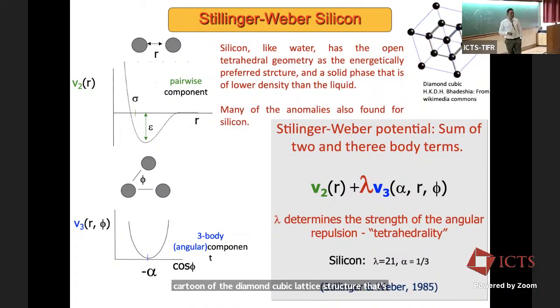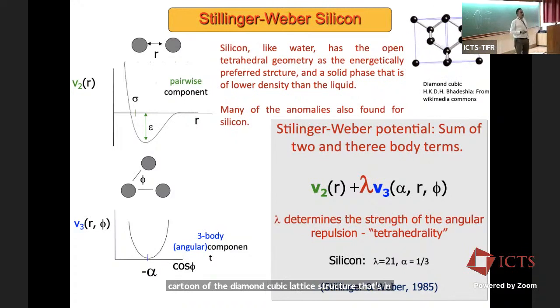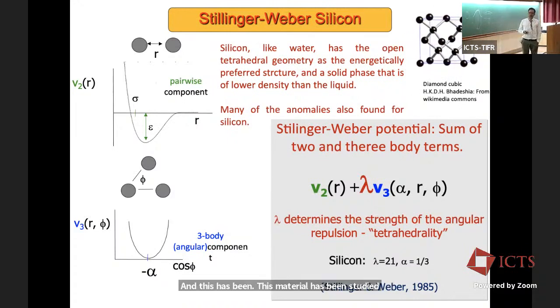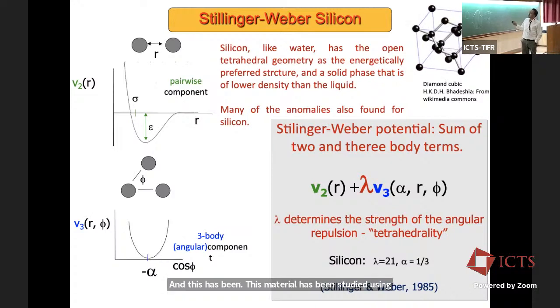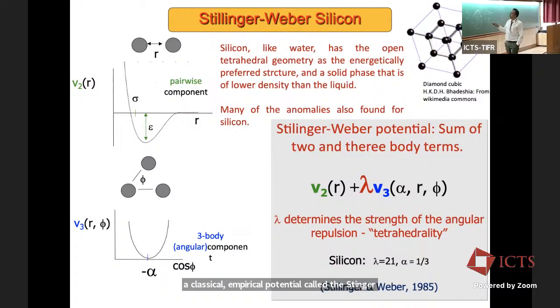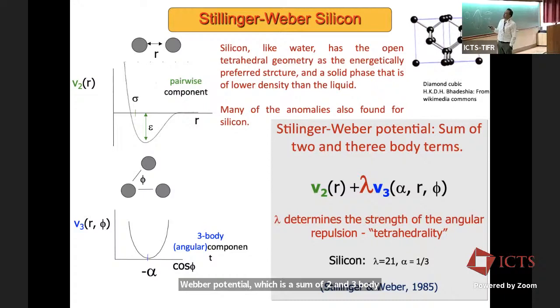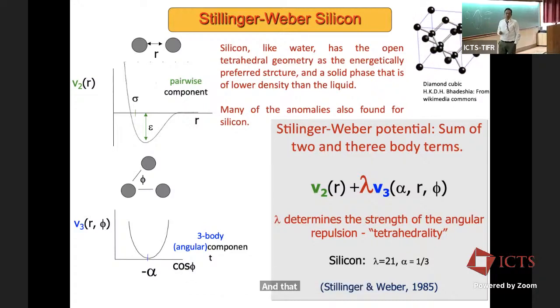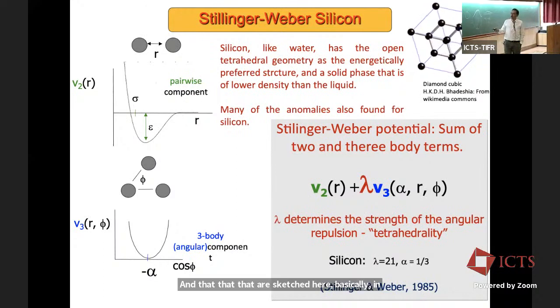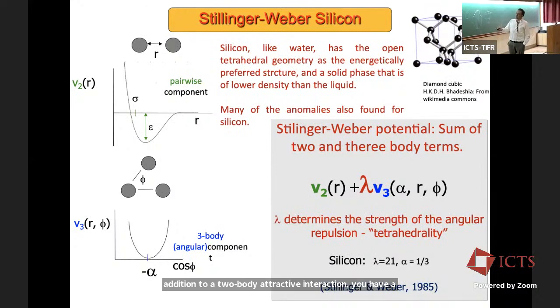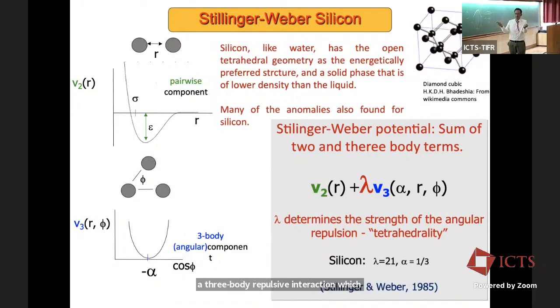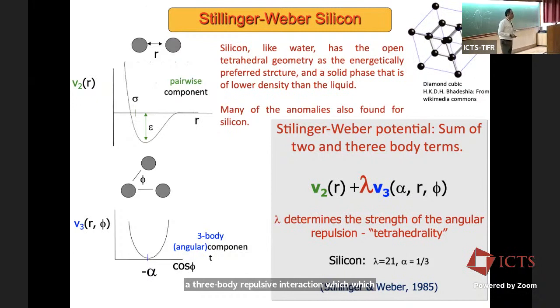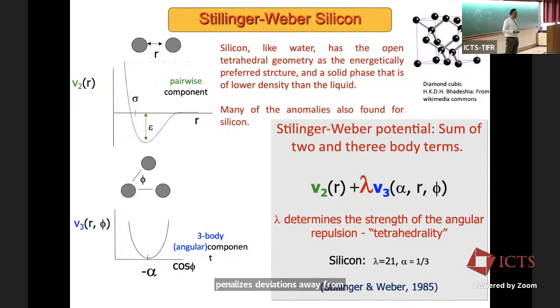And this material has been studied using a classical empirical potential called the Stillinger-Weber potential, which is a sum of 2- and 3-body interactions, sketched here. Basically, in addition to a 2-body attractive interaction, you have a 3-body repulsive interaction, which penalizes deviations away from the tetrahedral angle when you consider 3 atoms.